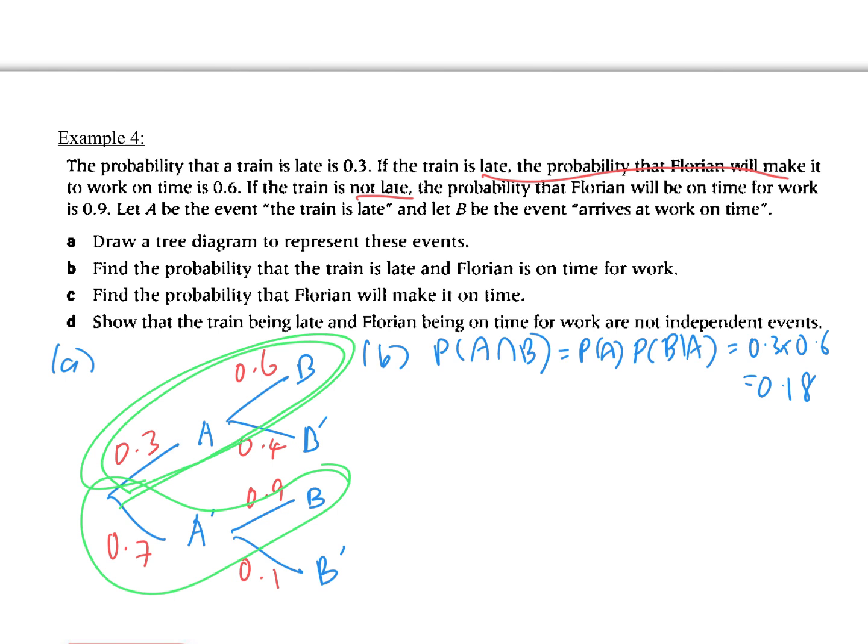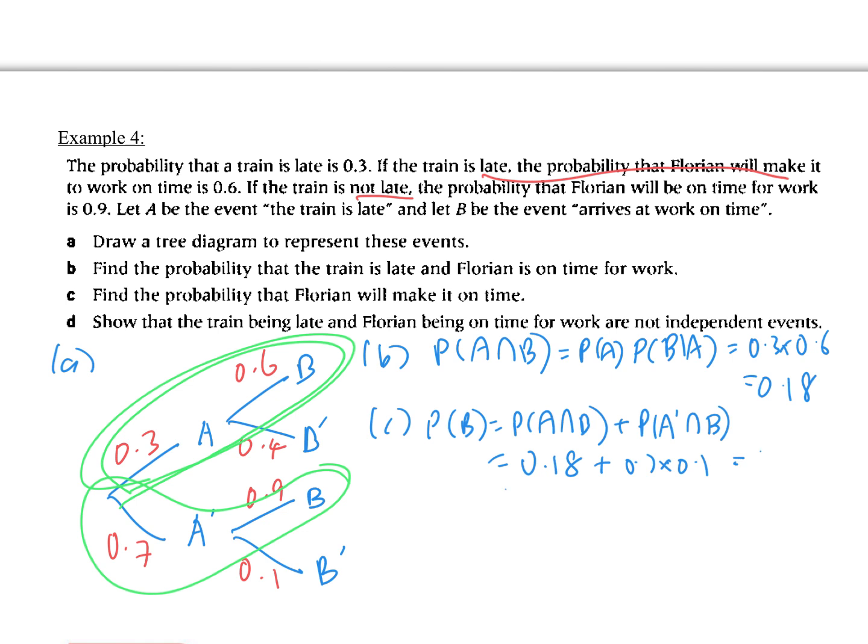If we want to write it out in terms of a formula, we get P of B equals probability of A intersecting B plus probability of A complement intersecting with B. So you end up with 0.18 that we found earlier plus 0.7 times 0.1. So 0.18 plus 0.07 will be 0.25.